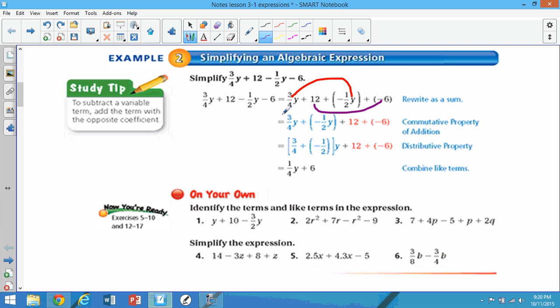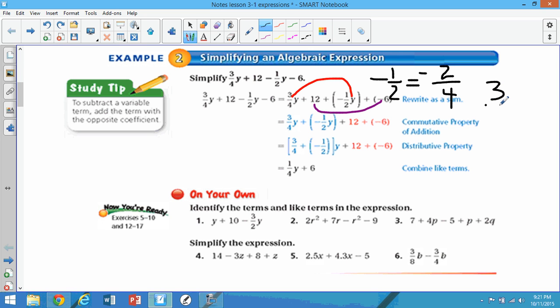Well, now you're talking about doing fractions. So a negative 1/2 is equivalent to, in fourths, because we need to get that common denominator, a negative 2/4 y. So a negative 2/4 plus a positive 3/4.